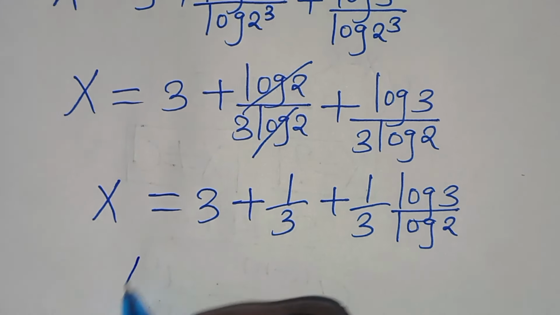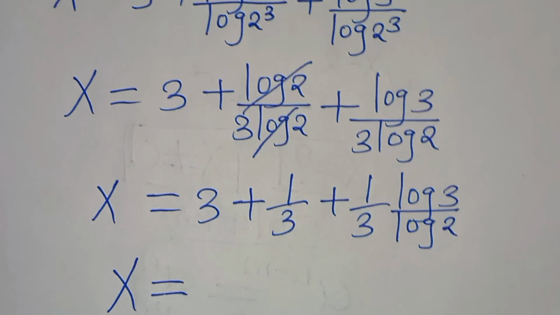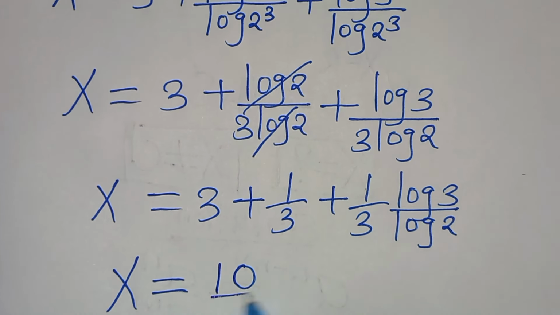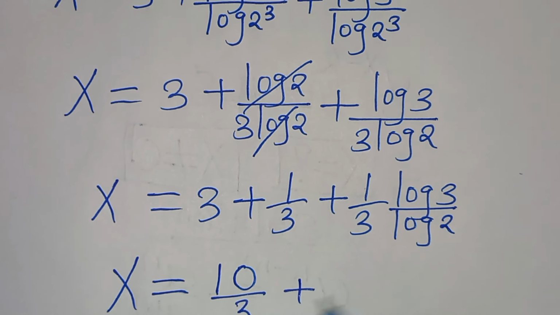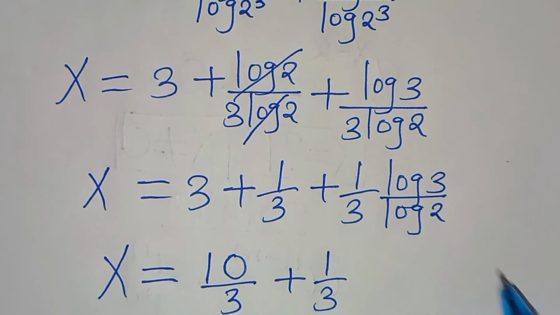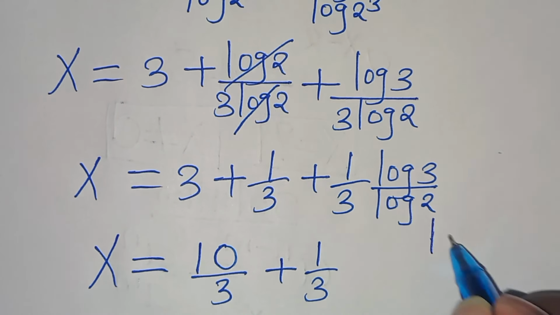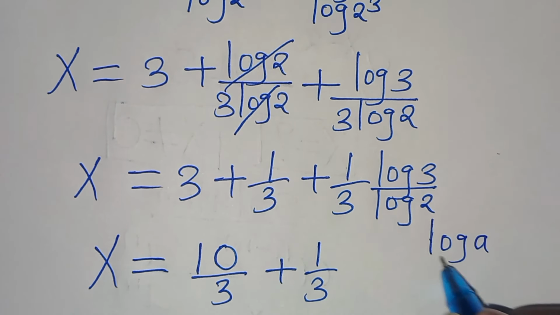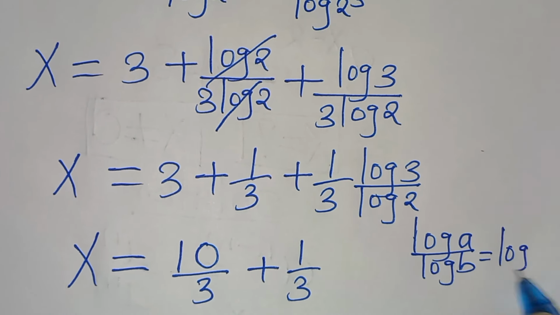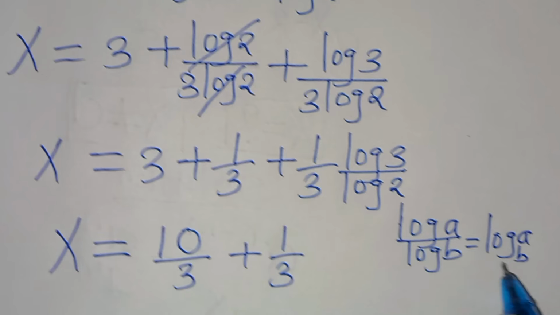Now we have that x is equal to 3 plus 1 over 3, this is 10 over 3, then plus 1 over 3. Now log 3 over log 2 is in the form of log a divided by log b, which we can express as log a to base b.